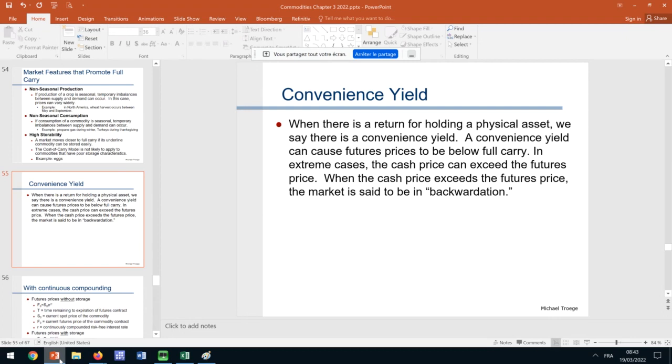For example, if you are an industrial producer, you want to be absolutely sure that you have access to your commodity. So you value the commodity in your own warehouse more than the possibility to buy back the commodity in one year, because who knows if this is going to work.